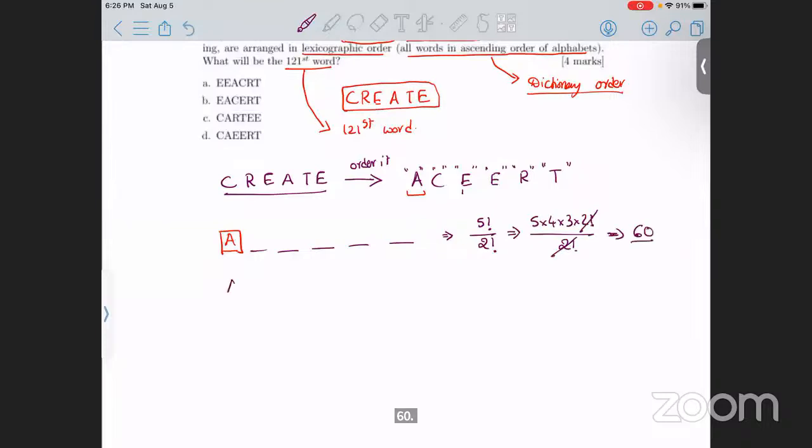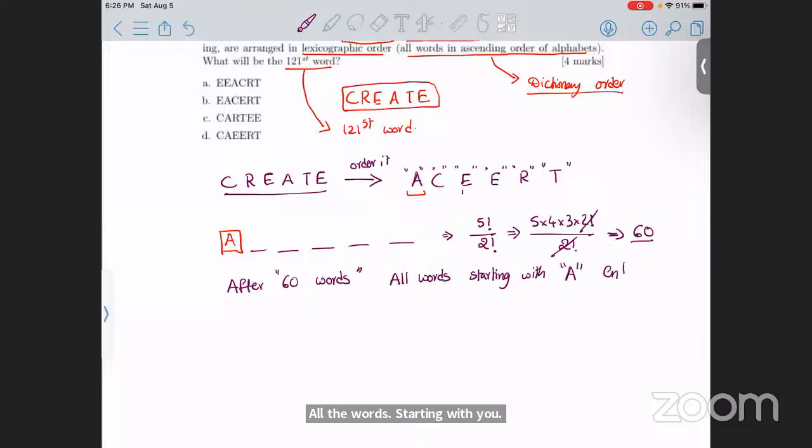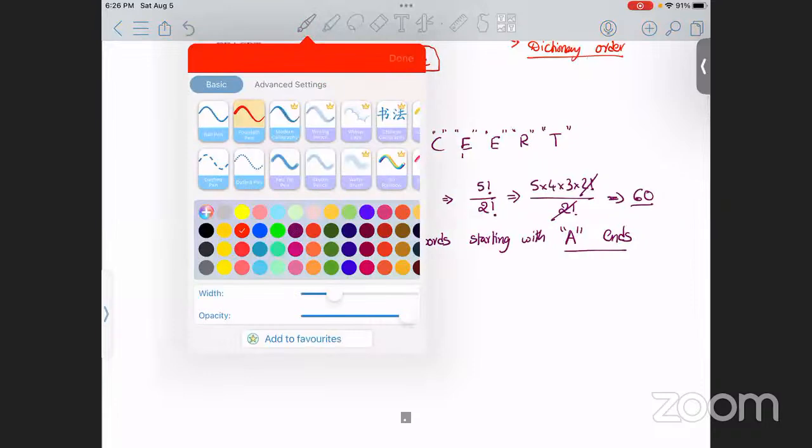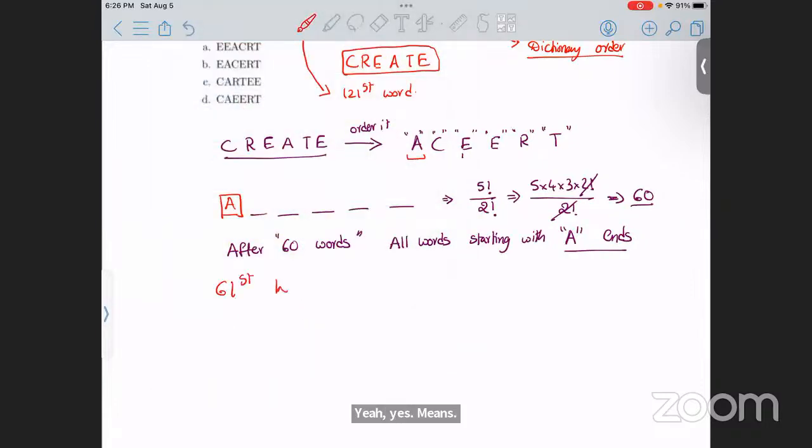After 60 words, all the words starting with A end. That means the 61st word must start with C, the next alphabet.